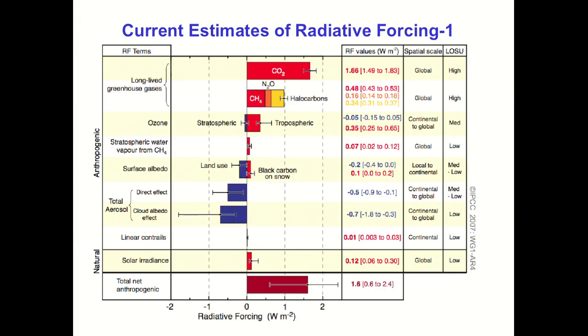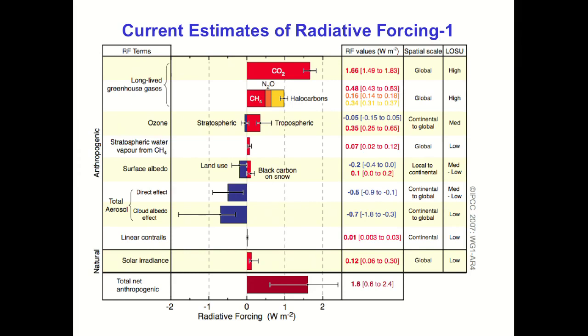The main ones are the long-lived greenhouse gases. And the main ones are CO2, N2O, methane, and various halocarbons. So you can see they take up the most in terms of the radiative forcing, in terms of watts per meter squared, around about 1.66 watts per meter squared for CO2, for example.